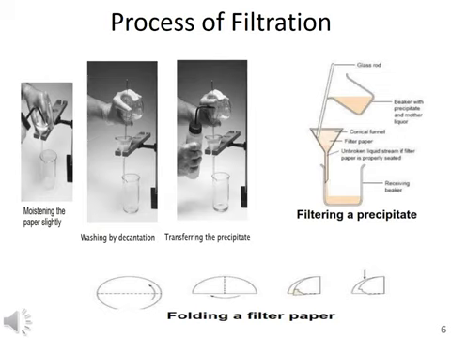In this way, all the insoluble precipitates will be taken on the filter paper, and all the mother liquor will pass through this filter paper, and after that these precipitates on the filter paper will be taken and dried in a hot air oven.